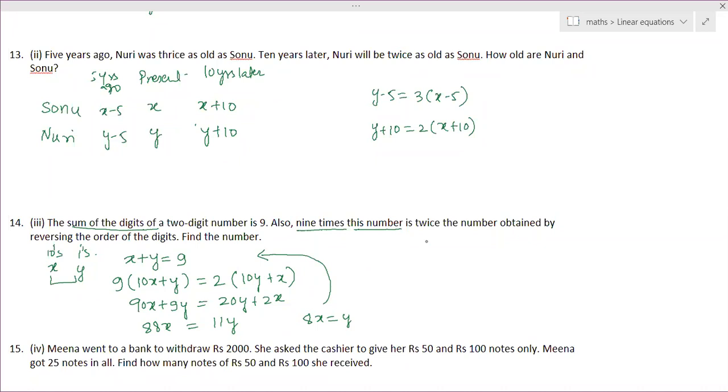Ma'am, is the number 18, ma'am? Number 18 is right. Yeah, ma'am, 18.